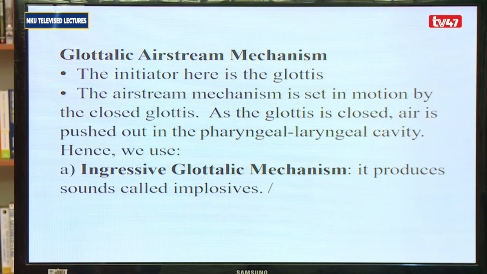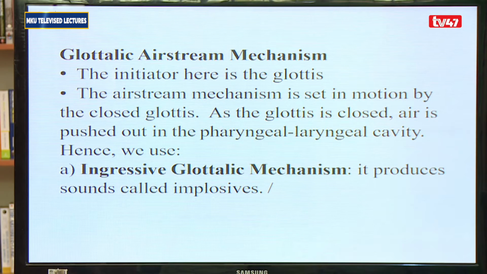The glottis closes up, the air is pushed into the pharyngeal laryngeal cavity, and this results in two types of glottalic airstream mechanism. We have the ingressive glottalic mechanism and the egressive glottalic mechanism.